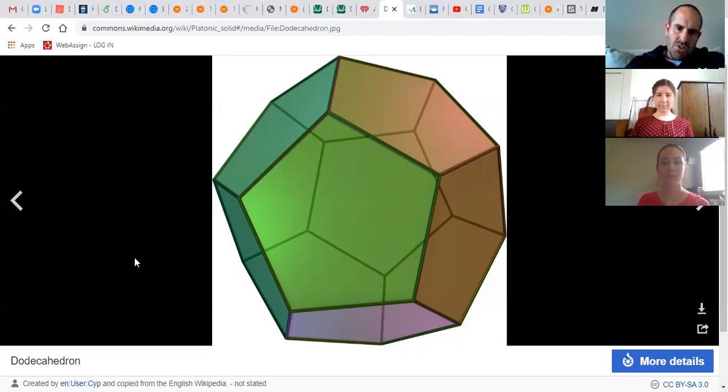Well, okay. 1, 2, 3, 4, 5, 6, 7, 8, 9, 10. Is that right? 10? So we have 5 vertices upstairs, 5 vertices downstairs, and then the zigzag vertices around the connection between those 2 things. Okay. So what is that? 20 total vertices? Right. 20 vertices, 12 faces.